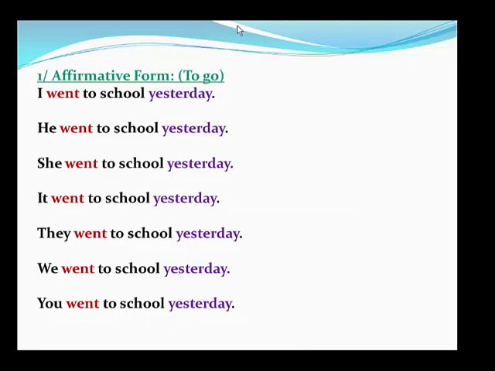Here I write went with all the pronouns. There is no difference from one pronoun to another. The verb is irregular verb. Irregular because it's changed completely from to go or go to went.